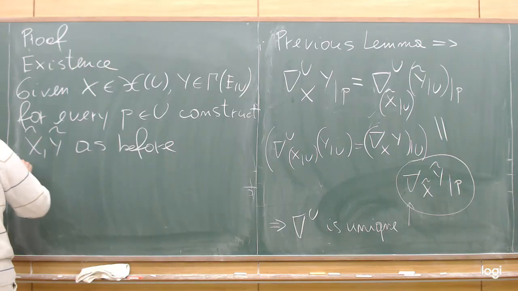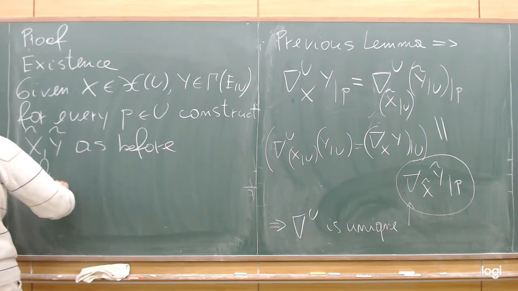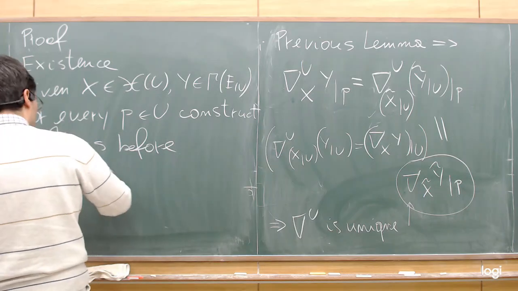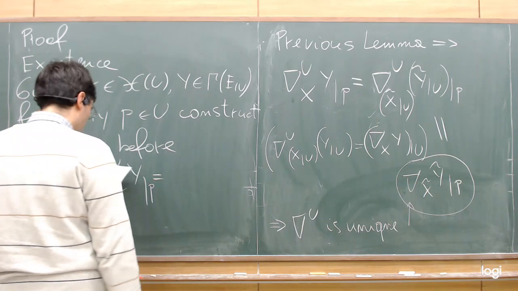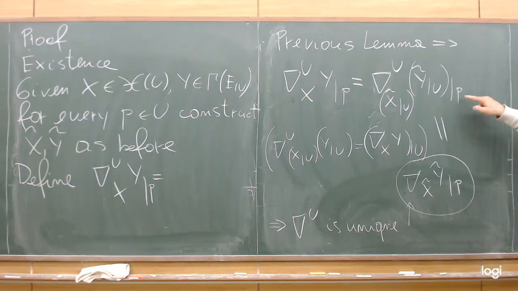Then the idea is to define nabla u y along x at p using the formula I proved before. So I write this way.